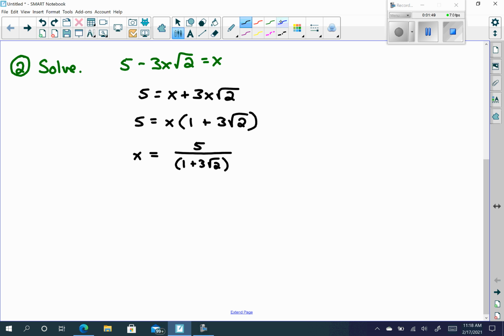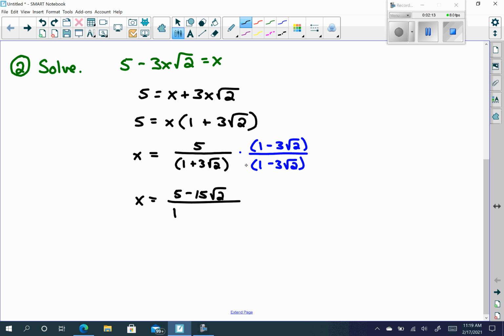Now I want to rationalize the denominator, so I need to multiply by the conjugate here, which is 1 minus 3 radical 2. So I'm going to distribute the 5. So up top, we're going to get 5 minus 15 radical 2. In the denominator, I'm going to have a 1. My outside and my inside terms are going to cancel because these are conjugates.